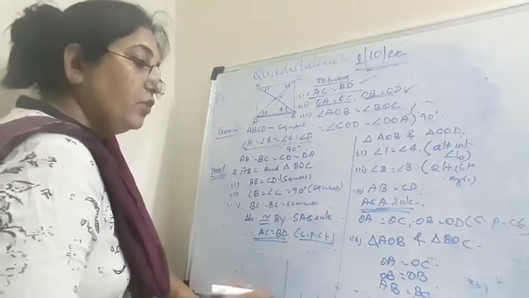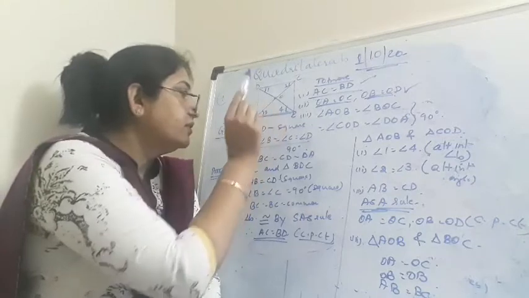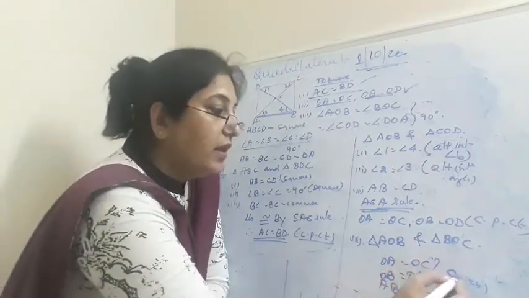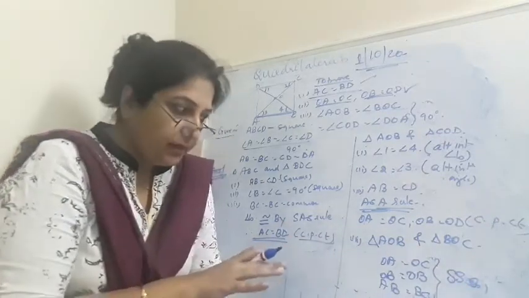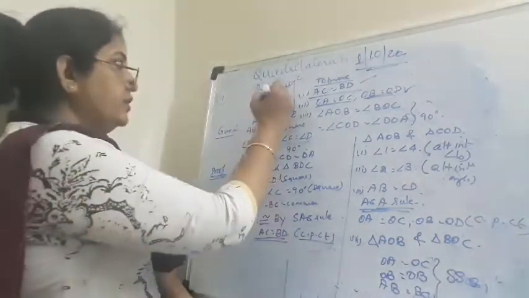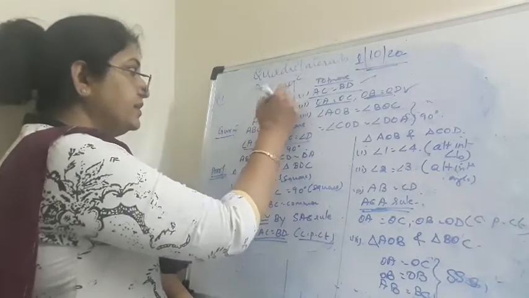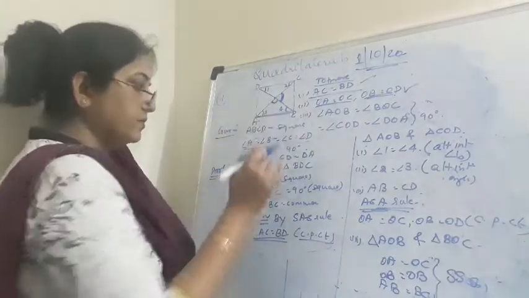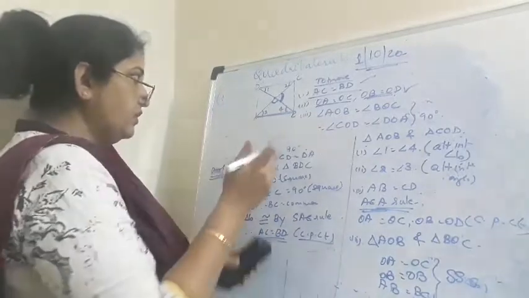So therefore children, I hope you understood that the triangles AOB and BOC are congruent by which rule? SSS. Now the SSS rule we have applied over here, and now these two angles are equal by CPCT. Now what are the names of these two angles? AOB and BOC.